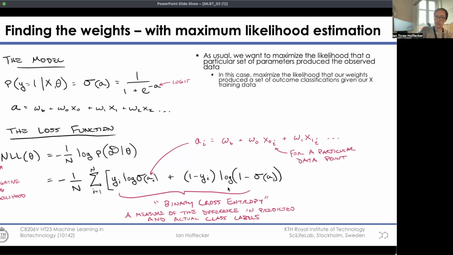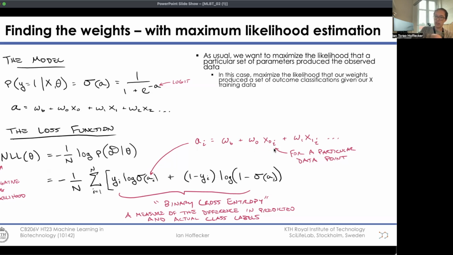So this is a very typical loss function for classification problems because it's essentially a measure of the difference between predicted and actual class labels. And so you can see here this sigmoid function of A for a particular data point, A sub i. So that's going to be, again, this linear combination of features for data point i.